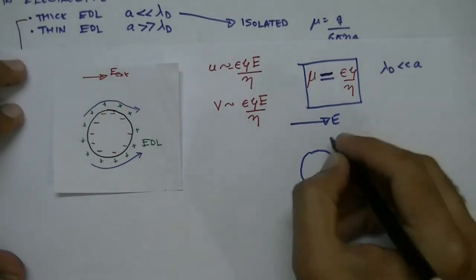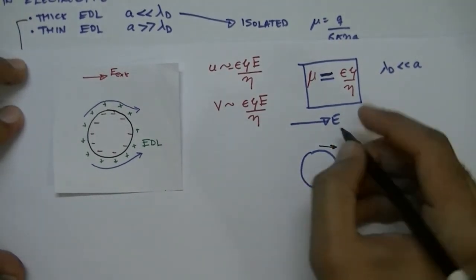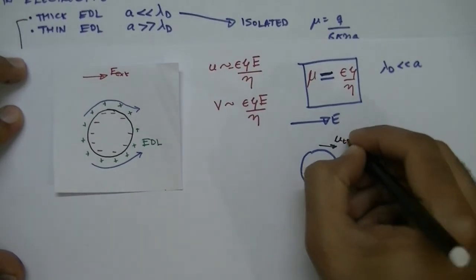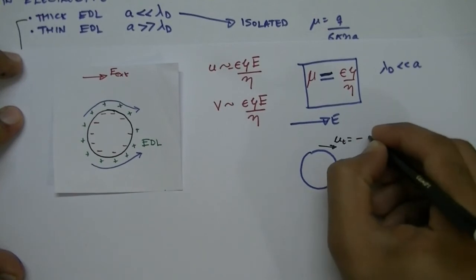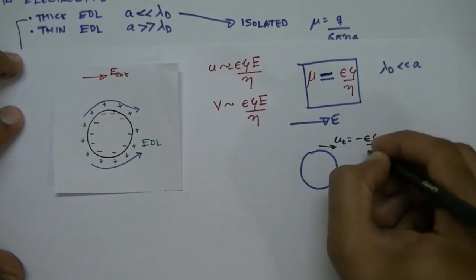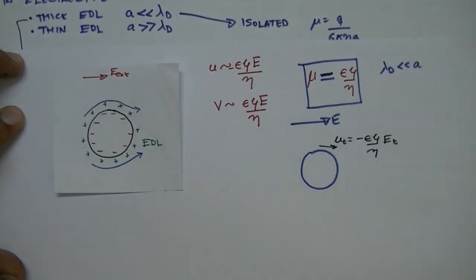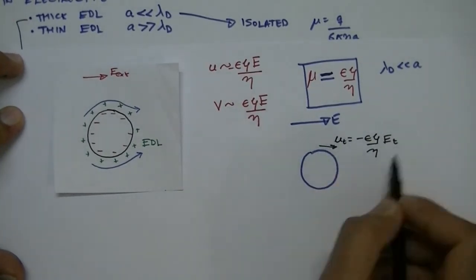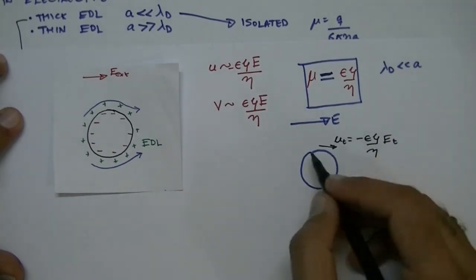So at the surface of the particle, the tangential electro-osmotic flow will be given by minus epsilon zeta over eta times the tangential component of the electric field. And we can use this relation still even though we have a curved surface, because the EDL is really thin.